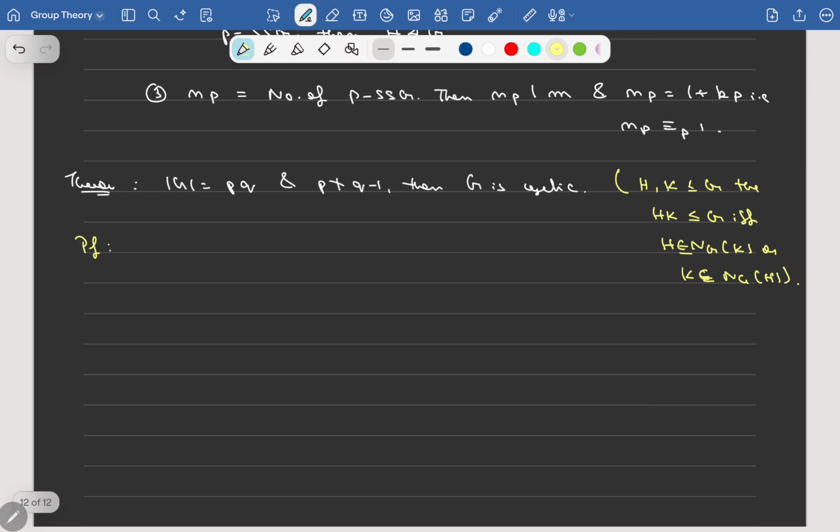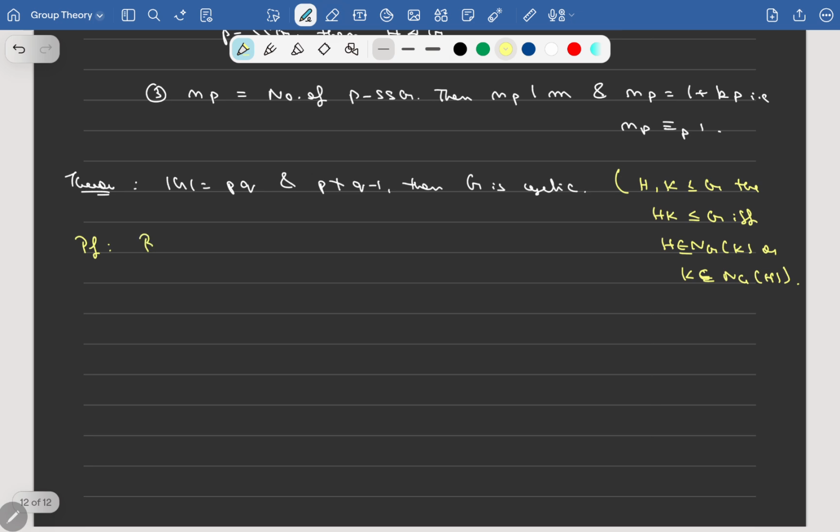Observe that, since P and Q are distinct primes, firstly, N_Q must be of the form 1 plus K times Q. Wait a second. Let us first write it properly. What I was trying to say is the following.